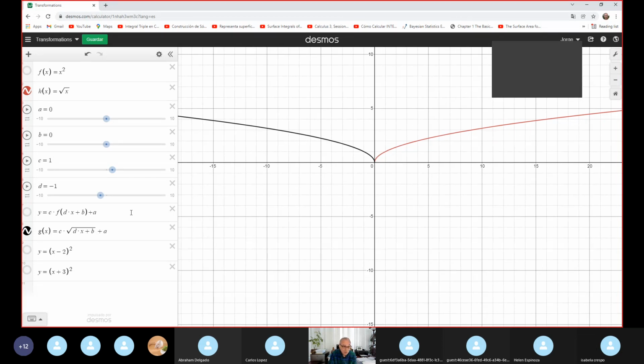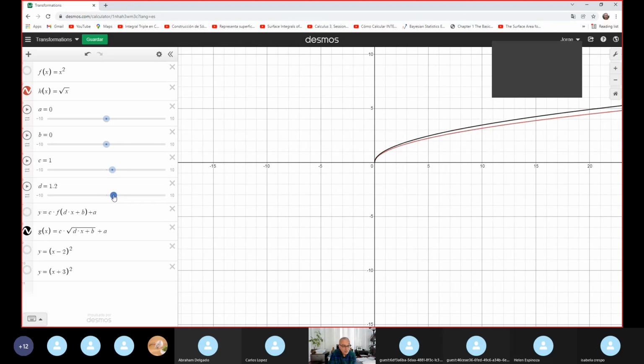If you have another number different from -1, for example negative something, then we have a combination. In this case, you have reflection and horizontal compress. If the number is between 0 and -1, suppose -0.5, it is reflection, but also stretch. Stretch and reflection, the combination.